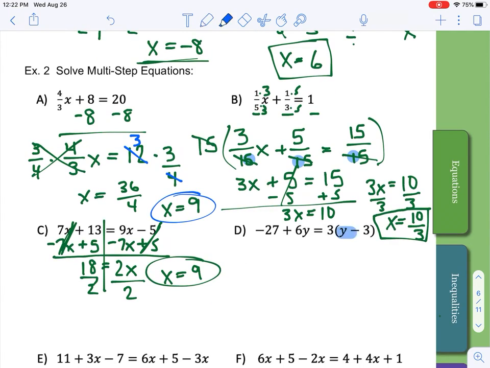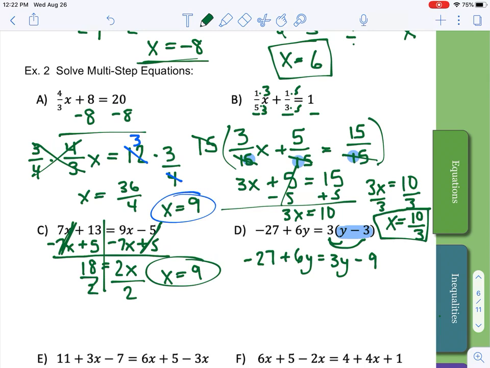When I see parentheses that I can't reduce within, but have something multiplied on the outside, I know I need to distribute. So I go ahead and say negative 27 plus 6y equals 3y minus 9.